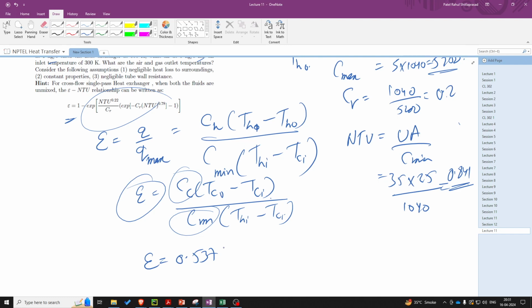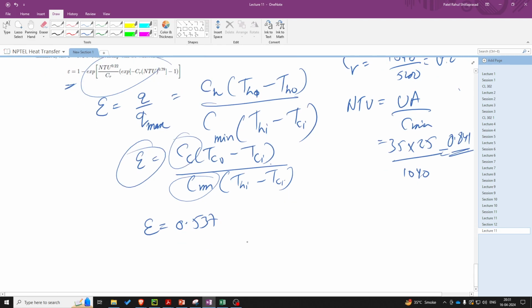So once you have this effectiveness factor, you can just write from these equations, that is TH0 is equal to THI minus of epsilon into Q max upon this CH.